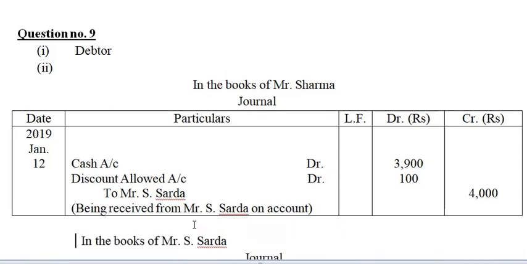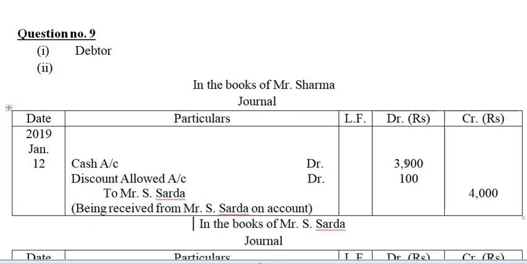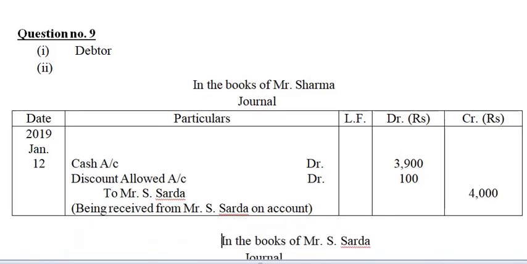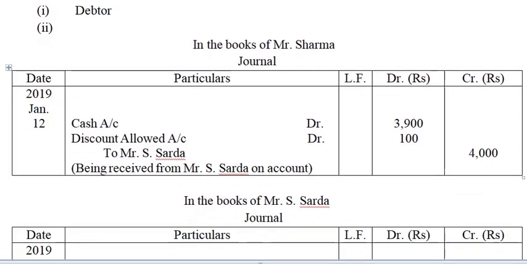So let us do in the book of, what is wrong out here? Why it's like this? Anyway, so okay, in the books of Mr. S. Sarda. Okay, so let us prepare journal entries in both the parties' books.